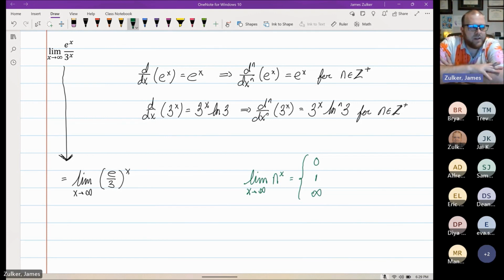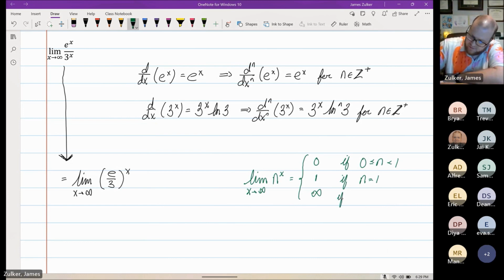It's either 0, 1, or infinity. If the base is positive less than 1, then we get 0. If it is 1, we get 1. And if it is larger than 1, we get infinity.